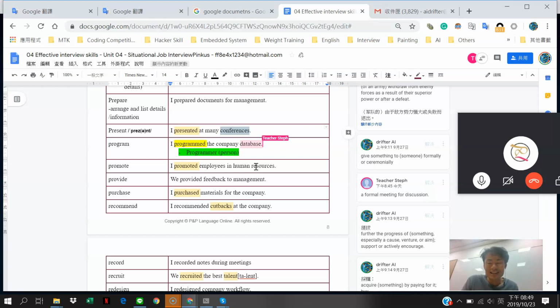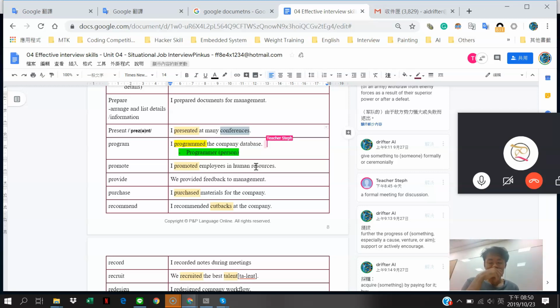Database. Am I correct? Yes, in American it's day-tuh-base. In Australian, it's da-tuh-base. Okay, I know. Thanks. So that's the difference between the two.